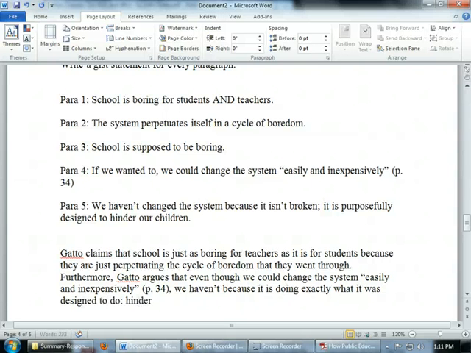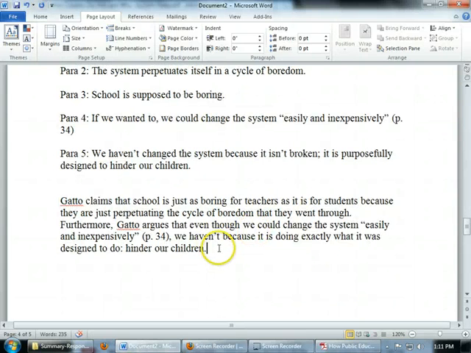Hinder our children. And so now I've got 2 sentences that sum up the first 5 paragraphs of Gatto's article.